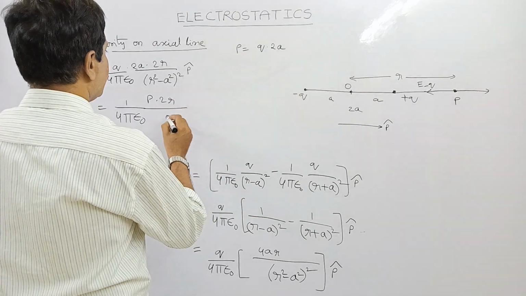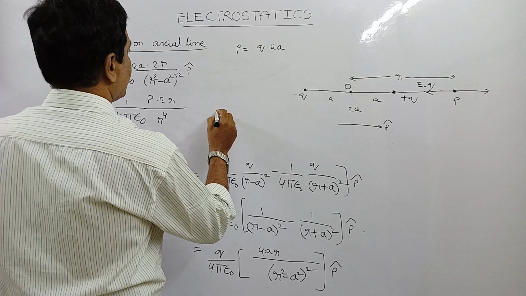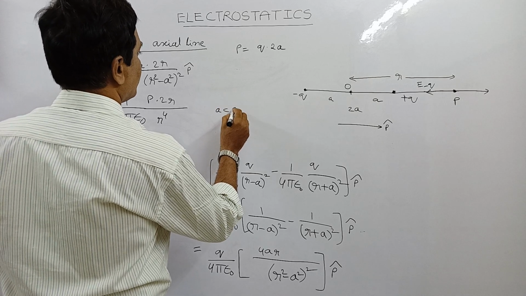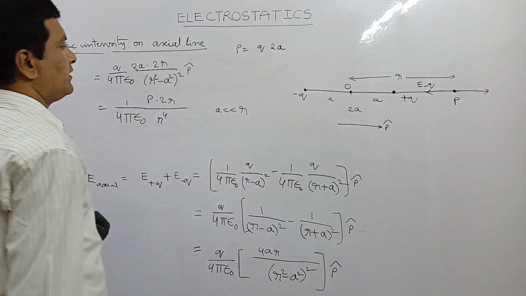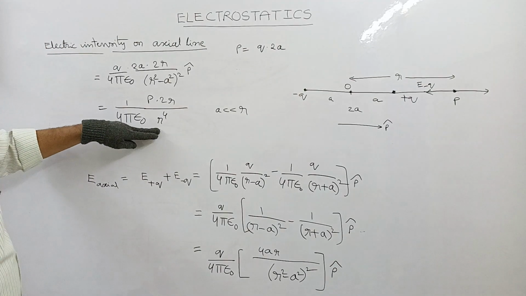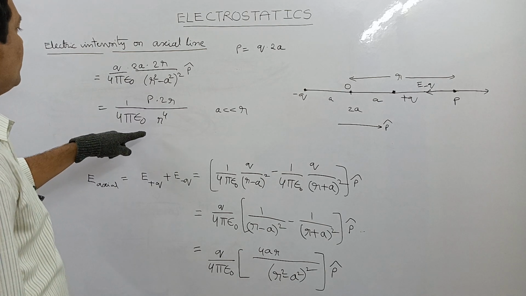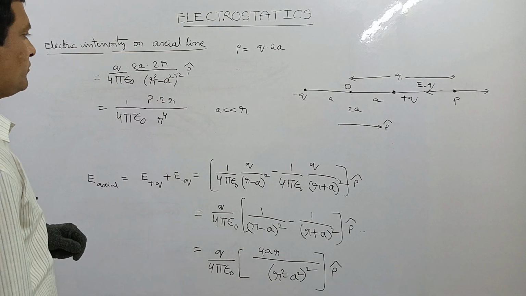So in this case, the dipole moment p into 2r by r power 4.